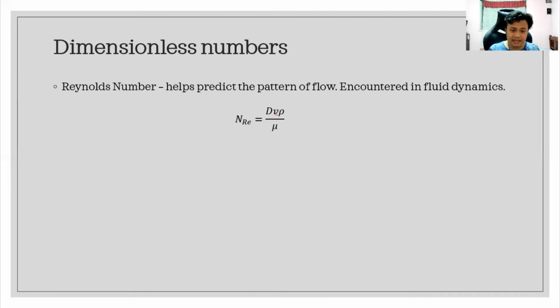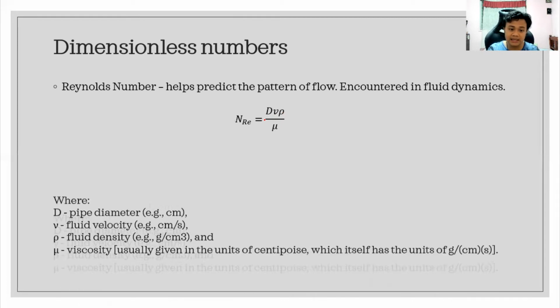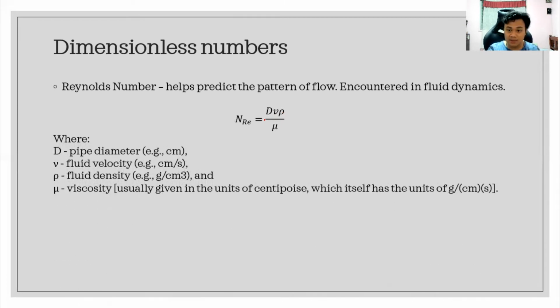The Reynolds number is equal to D, the pipe diameter, times the fluid velocity, times the fluid density, over the fluid viscosity.